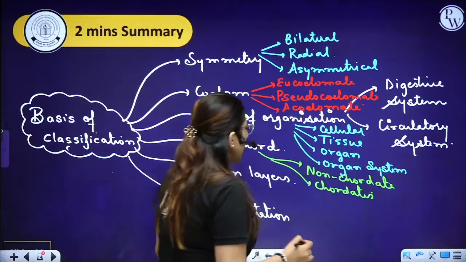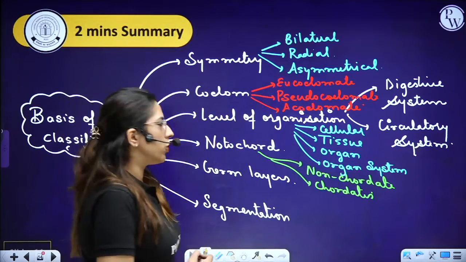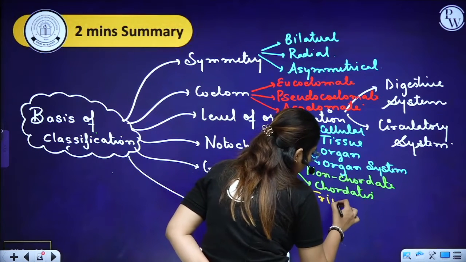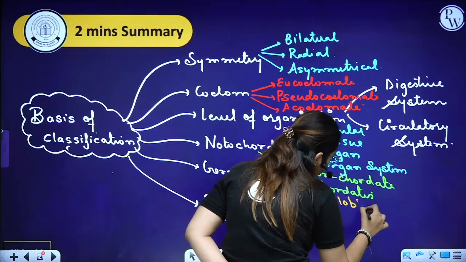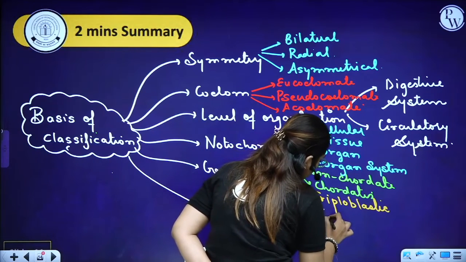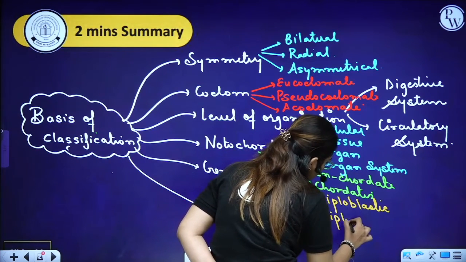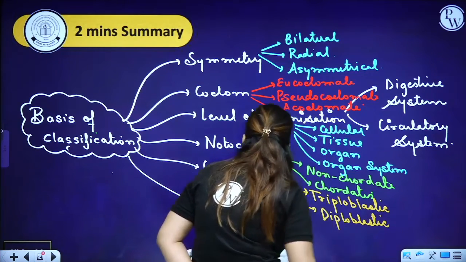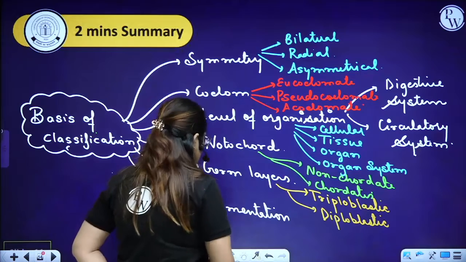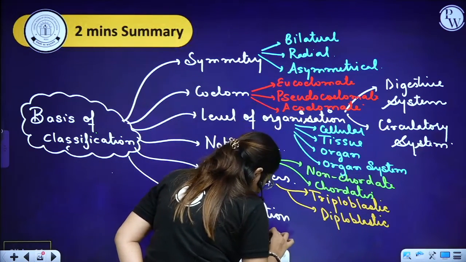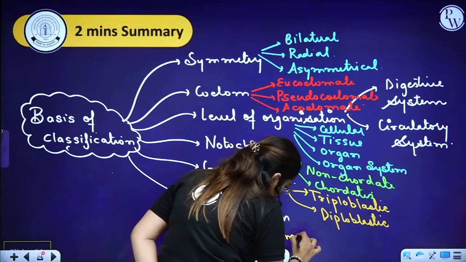Now moving on to the next, we talked about the germ layers, that means the triploblastic and the diploblastic. And the segmentation, in this segmentation part, we talked about the metameric segmentation.